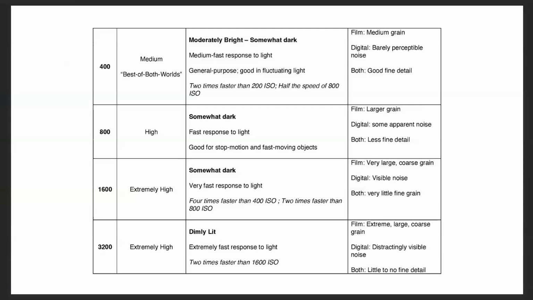So like I said, the three components of our exposure triangle, ISO, aperture, and shutter speed, all work together to figure out how much light we want to let into the camera. Now, when I'm talking about how fast or quick an exposure is, that is referring to shutter speed.